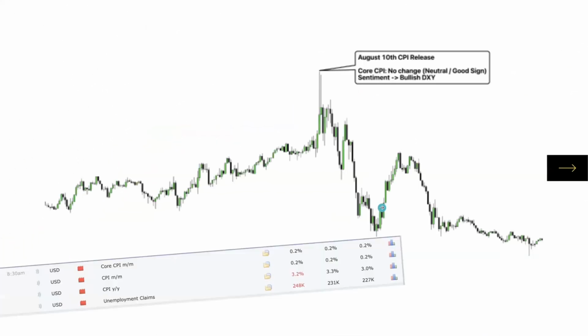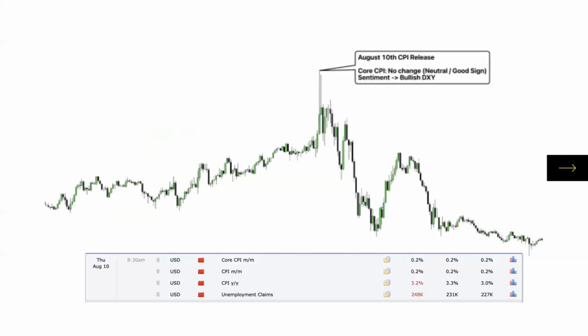Now let's look at some examples, and then we'll move on to the September price action that we saw for CPI, just to show you how it looks. I know the chart is not that clear, and I'm sorry about that. But as you can see, on the August 10th CPI release, the core CPI had no change.